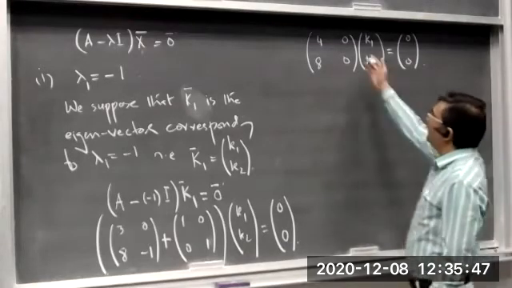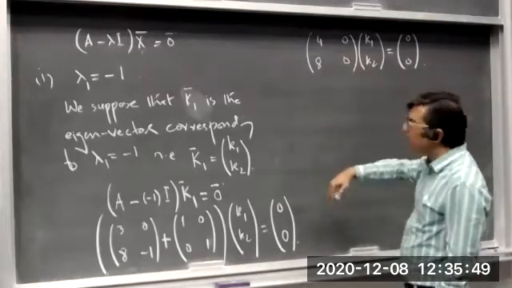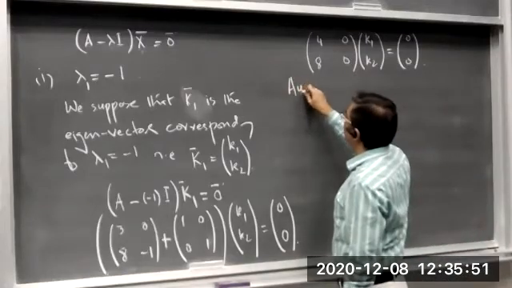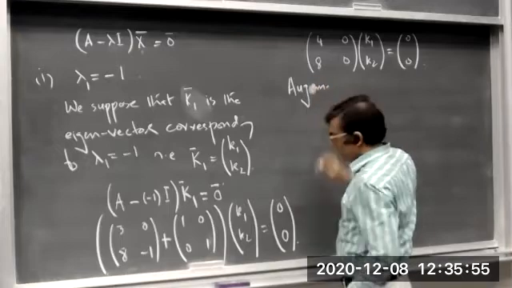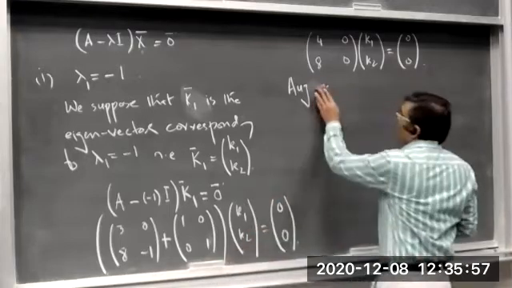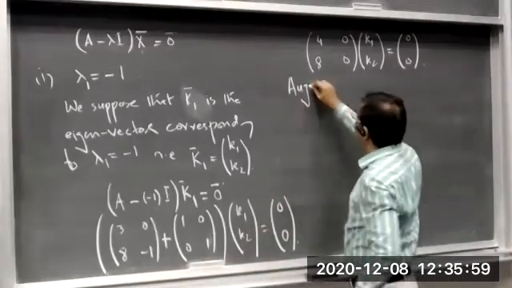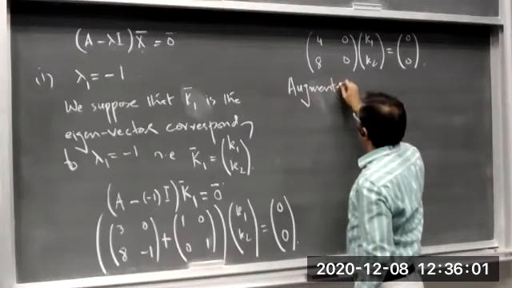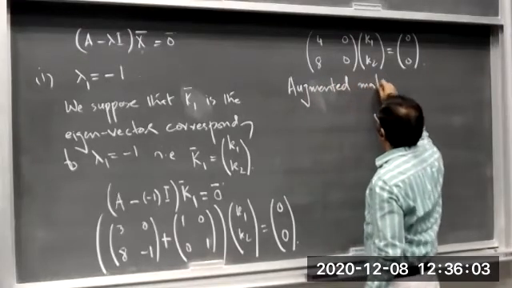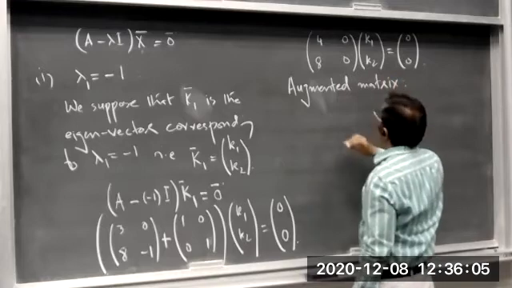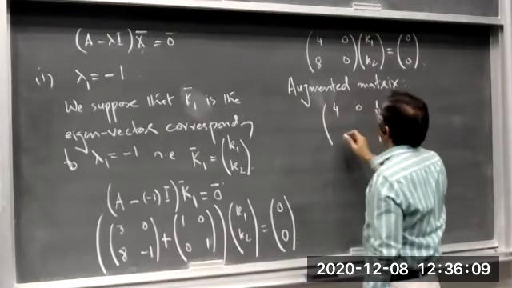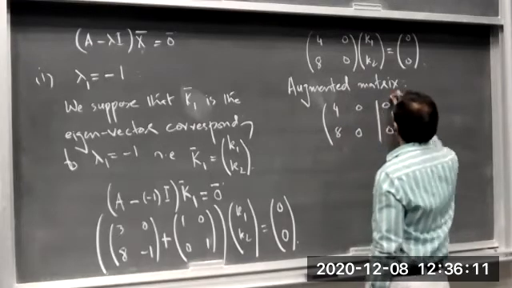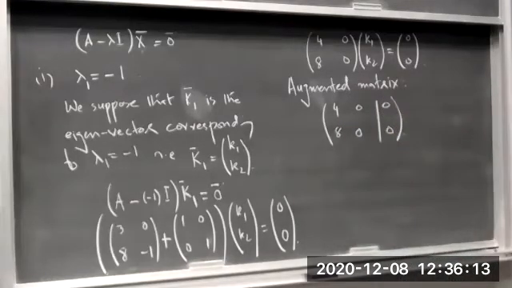How to solve it? We write the augmented matrix corresponding to this linear system, and it is [4, 0, 0; 8, 0, 0]. And we try to reduce this into echelon form.